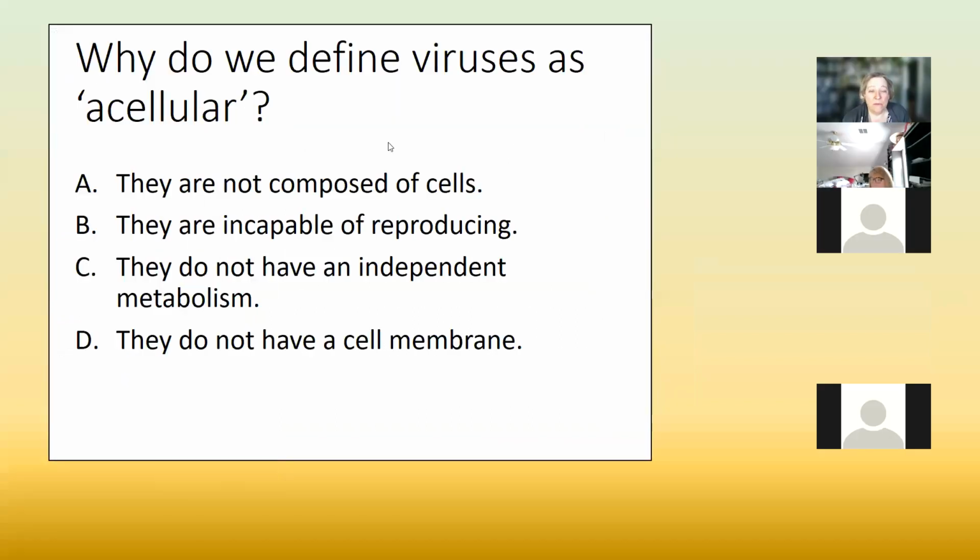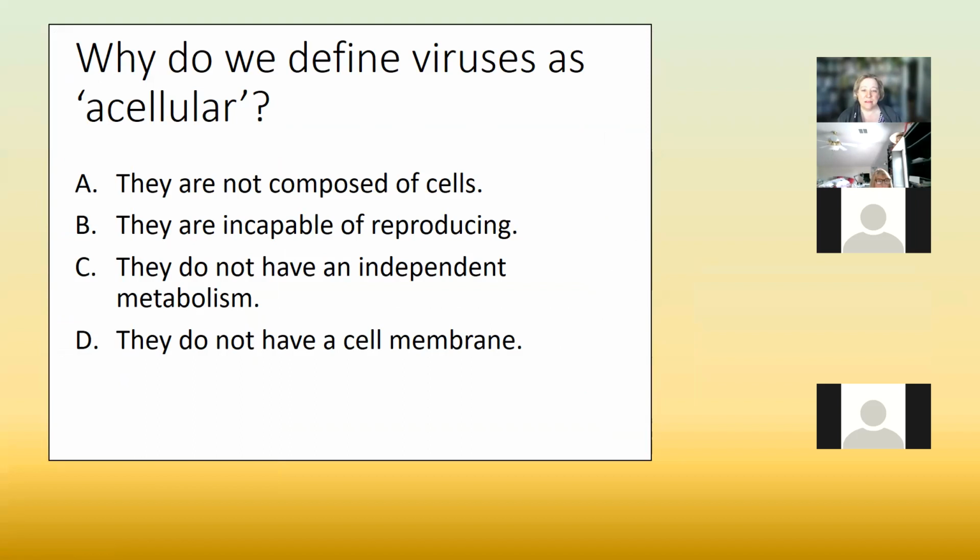So this is a good example of a question that you would see on the test. Not this particular question, but working your way through it. When we have a question like this, why do we consider viruses acellular? Why do we use that term?